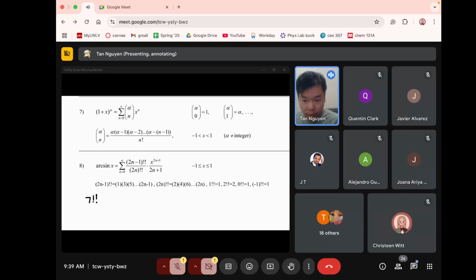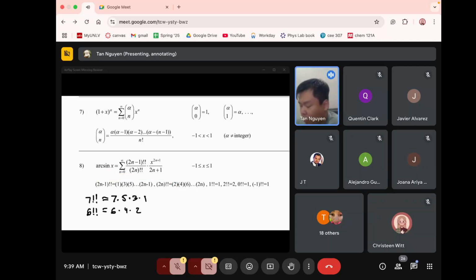Double factorial means that you skip by 2. So that's going to be 7 times 5 times 3 times 1. Similarly, 6 double factorial is equal to 6 times 4 times 2. It is explained down here. You see that? Skip by 2. And that's basically the only difference.